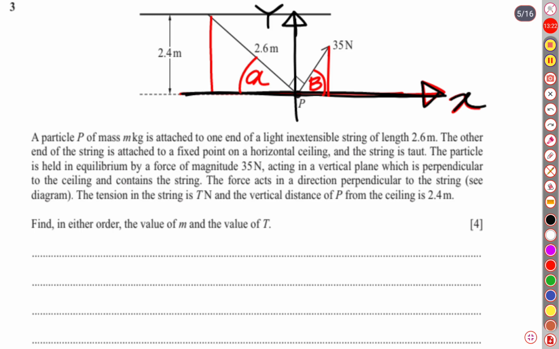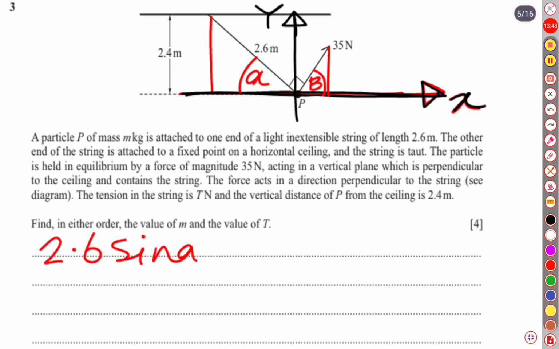If we look at the left triangle, here the hypotenuse is 2.6 and the angle is alpha, whereas the opposite is 2.4. So for height we write sine alpha.